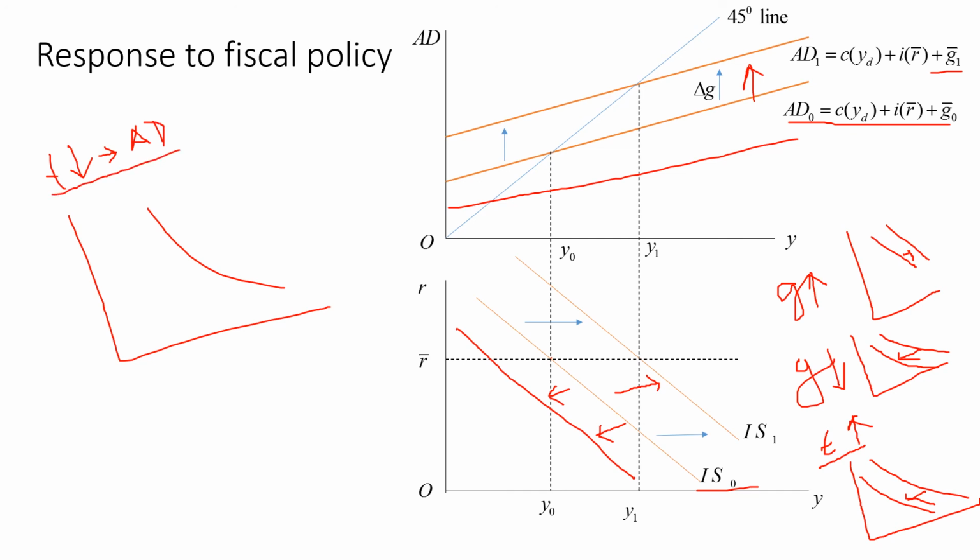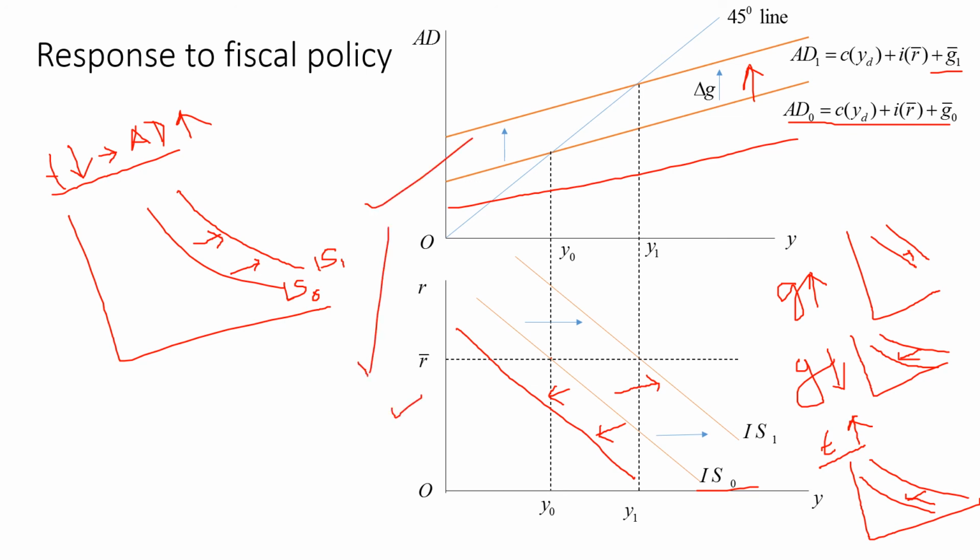So a tax cut is an expansionary fiscal policy, and you can capture that in terms of a rightward shift of the IS curve from IS0 to IS1. Okay, so this is important, and you need to understand why this is happening from the graph we have already discussed.